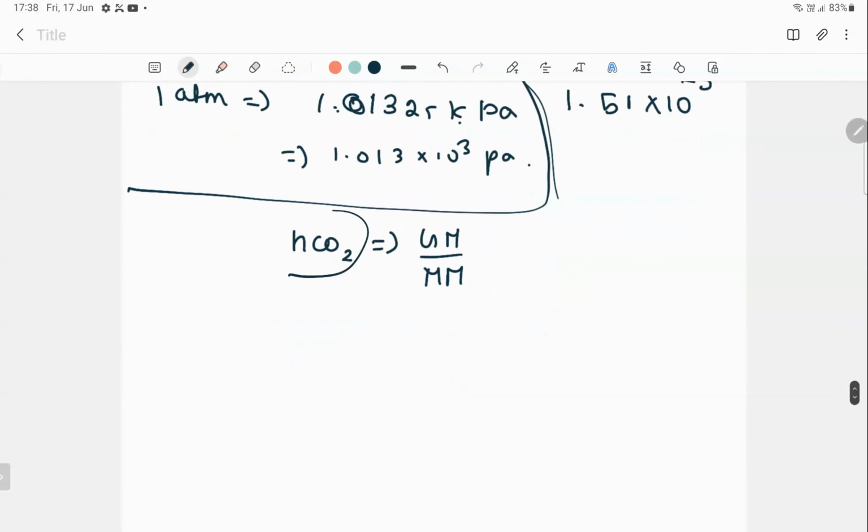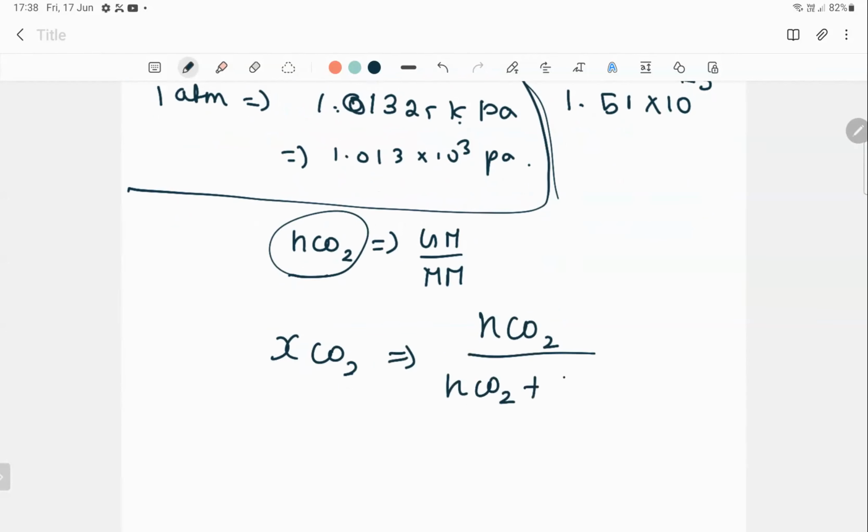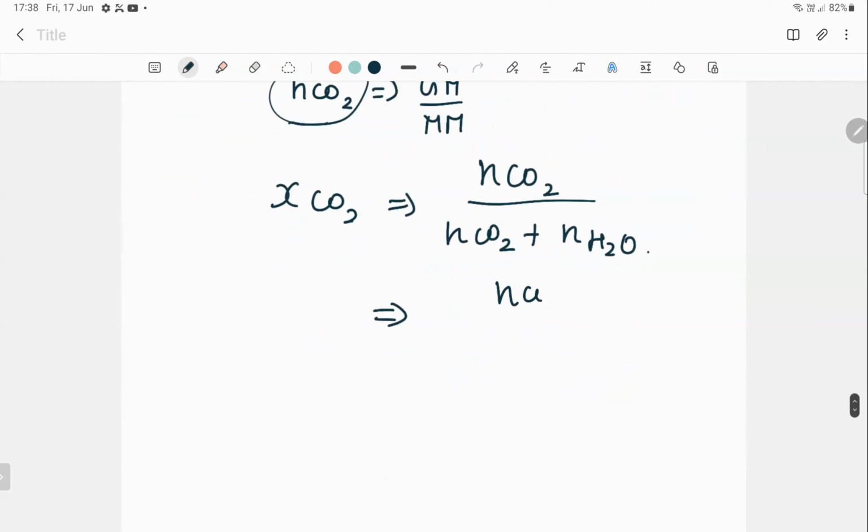So now for this, we need to go for mole fraction of carbon dioxide, which is equal to number of moles of carbon dioxide divided by number of moles of carbon dioxide plus number of moles of water. Okay. So here number of moles of carbon dioxide divided by, they have given for your water, it is 500 milliliter.